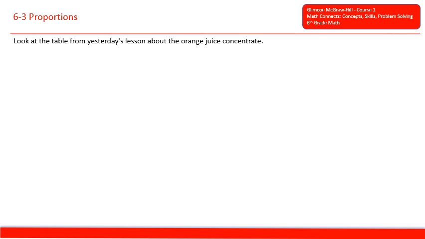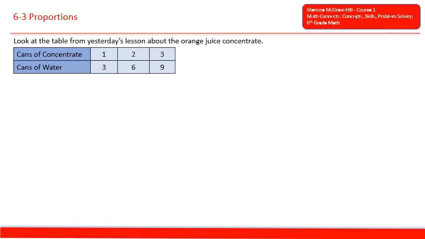Okay, if you remember the lesson from yesterday where we looked at the orange juice concentrate, where you had to have 1 can of concentrate and 3 cans of water, and we had a ratio table that showed us for every can of concentrate we added 3 cans of water.